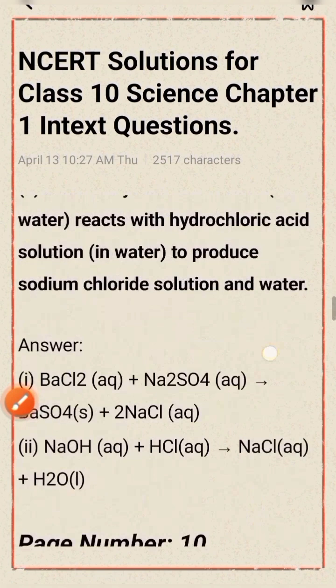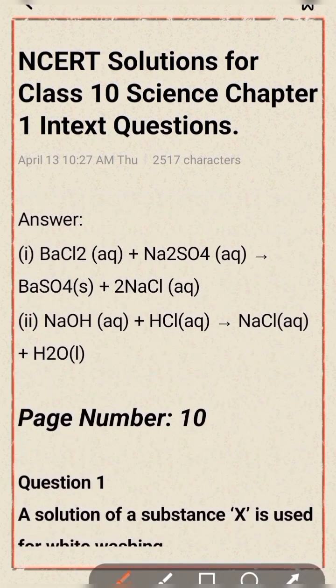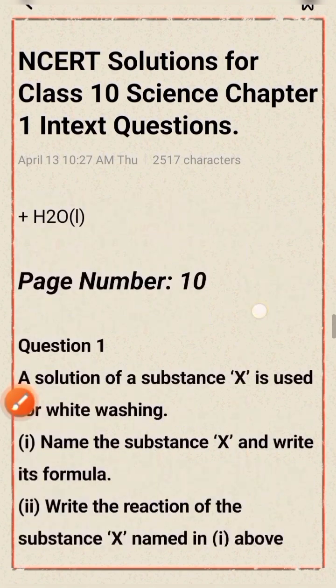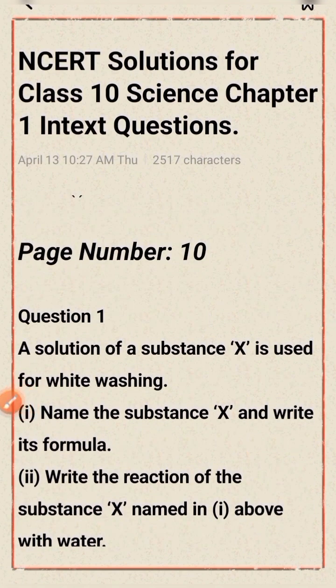We can explain this in this way, by the equation: NaOH (aq) means solution, HCl (aq) means solution, form NaCl salt, but this is in aqueous solution form, and H2O liquid. Okay.